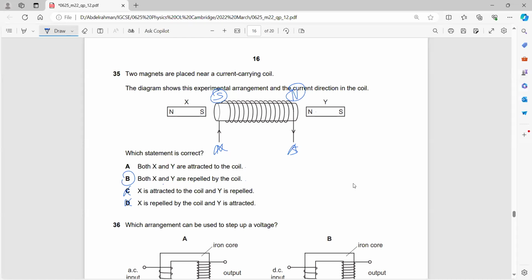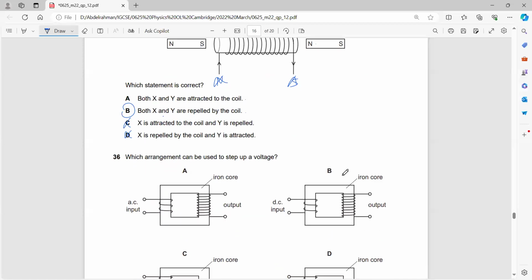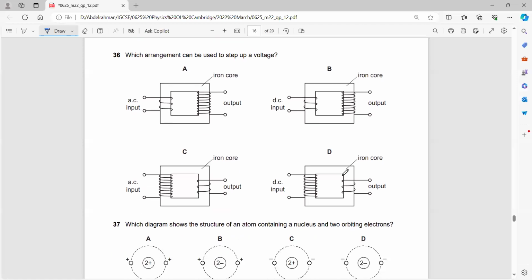But for now, I do not need you to spend too much time on this question. Just leave it and then we might come back to it later. Let's just move on to question 36.